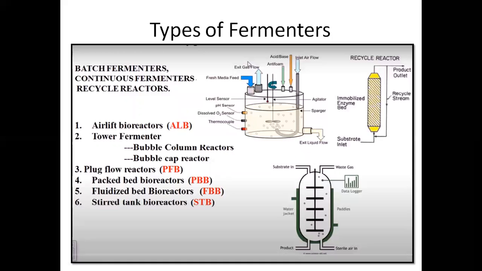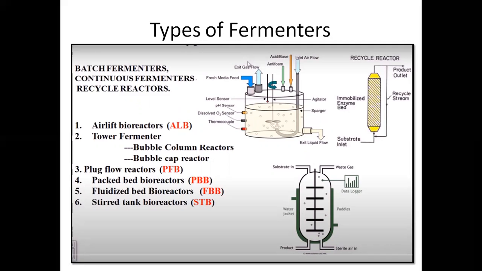So as we talk about the types of fermenters, basically the mode of operations, as we all know, fermentations can be carried out in different modes, including batch fermentation, continuous fermentation, fed-batch reactions, and recyclable reactors.